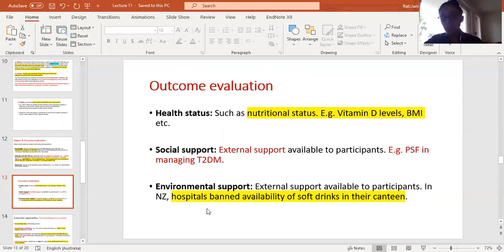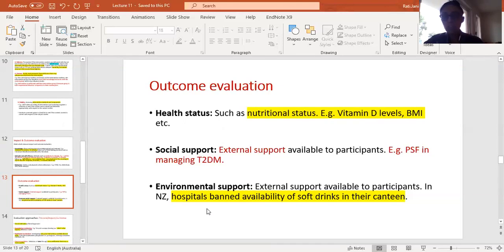For example, a lot of policies have been implemented in Mexico, even in India, say, where was it? Yeah, Iran, that sugar sweetened beverages should have higher taxes. And evaluations in these places have shown that the sugar intake has actually decreased. And I think we also saw a video of this in one of the previous lectures.